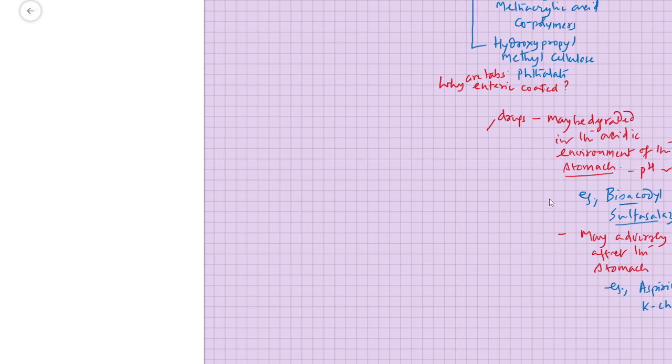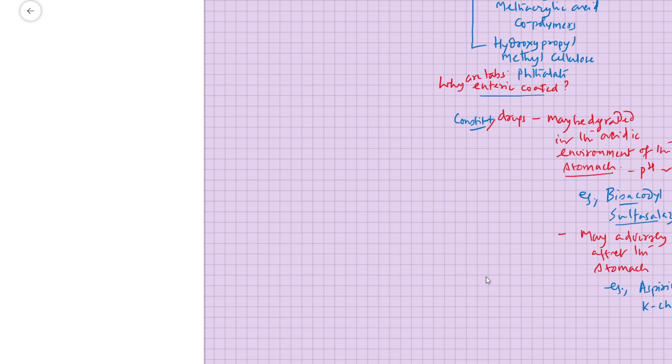So these are the main reasons why tablets are enteric coated, because the constituent drugs may degrade in the acidic environment of the stomach, or the constituent drugs of such enteric coated tablets may adversely affect the stomach. And we've got these examples. So this is the reason why these drugs are enteric coated.